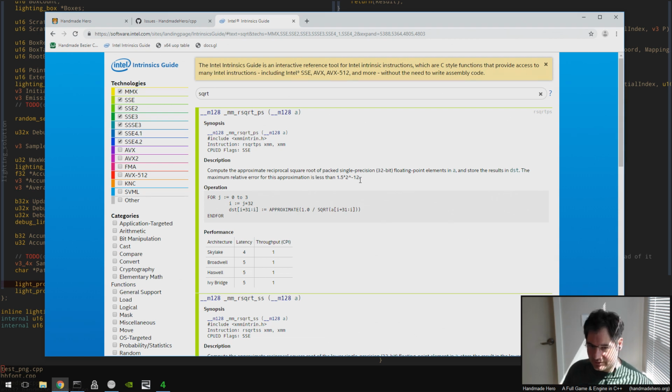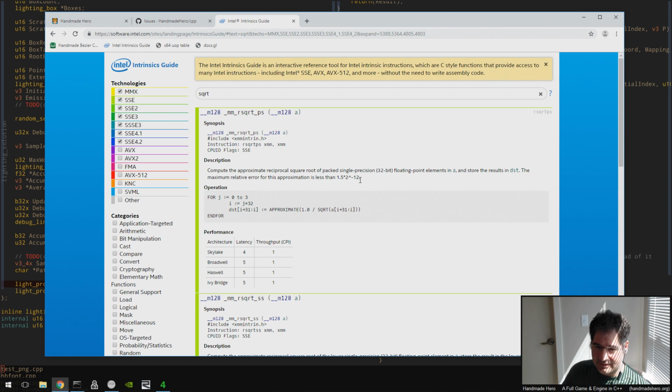Up to half the bits could be wrong. I'm just thinking there's a 24-bit mantissa in a floating point value, so 1.5 times 2 to the negative 12th is like half the bits, I guess. It's 1.5, so it's a little more than half the bits.